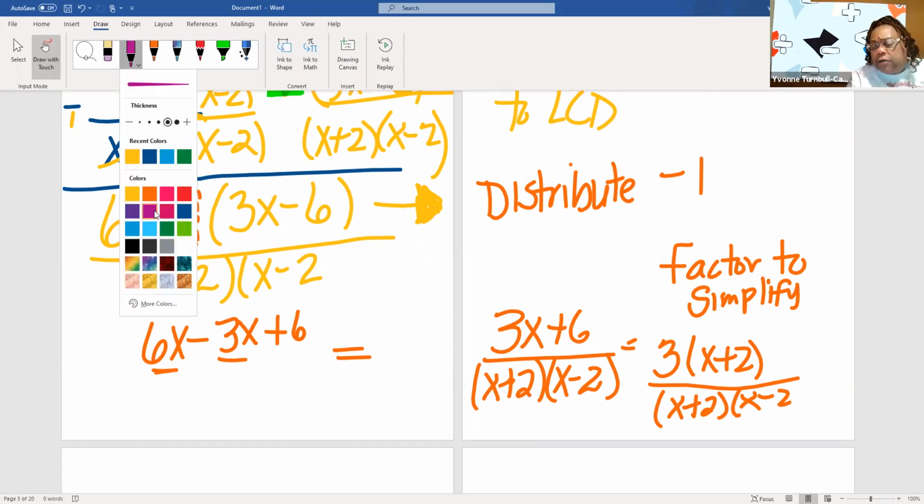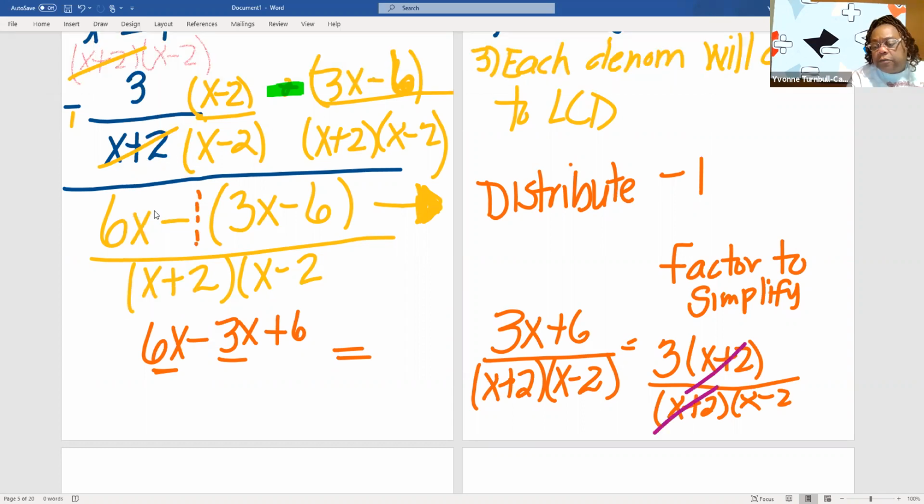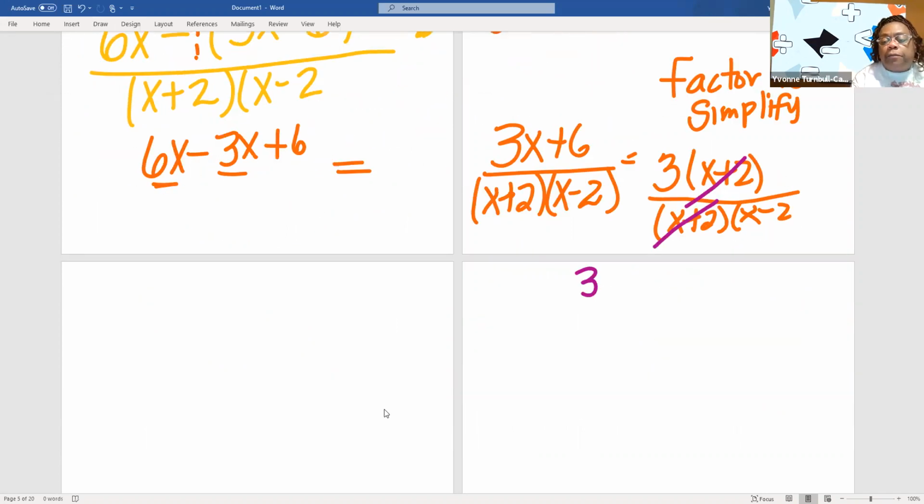I can cancel x plus 2 and x plus 2. Once I do that, I'm left with an answer of 3 over x minus 2. And that's my final answer.